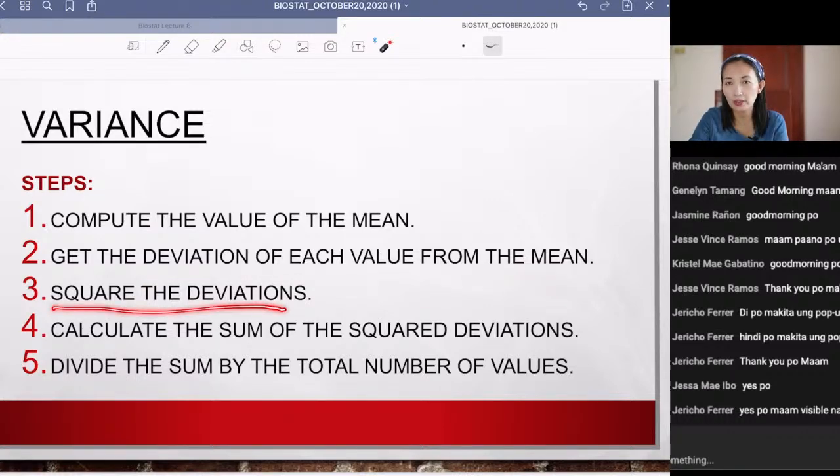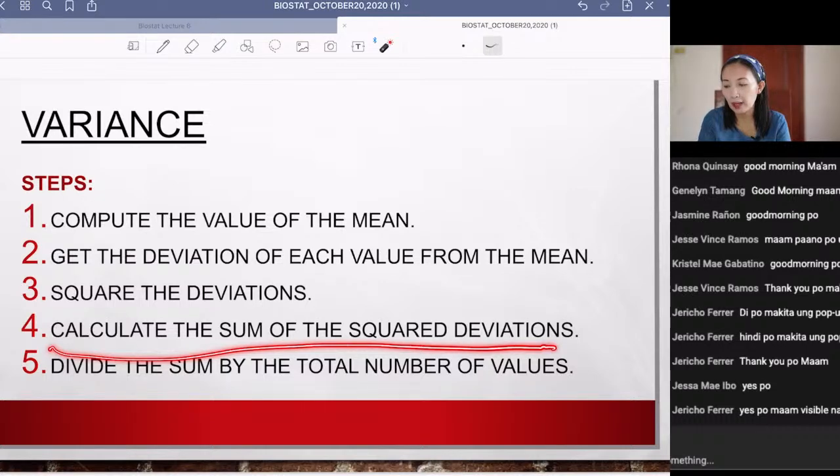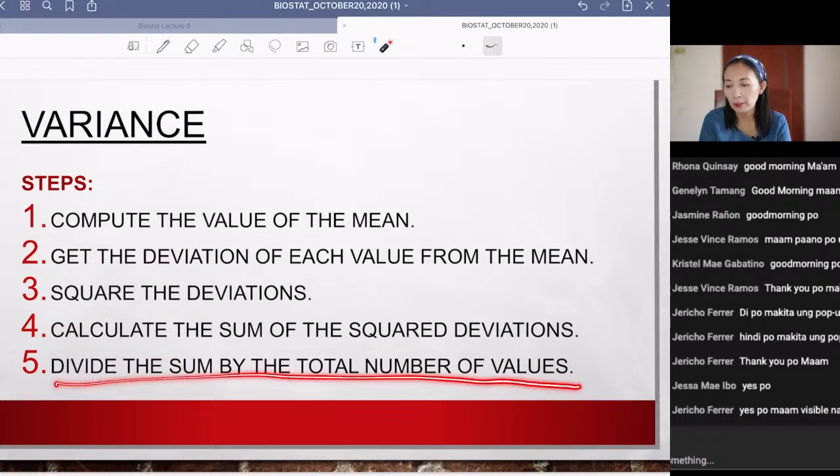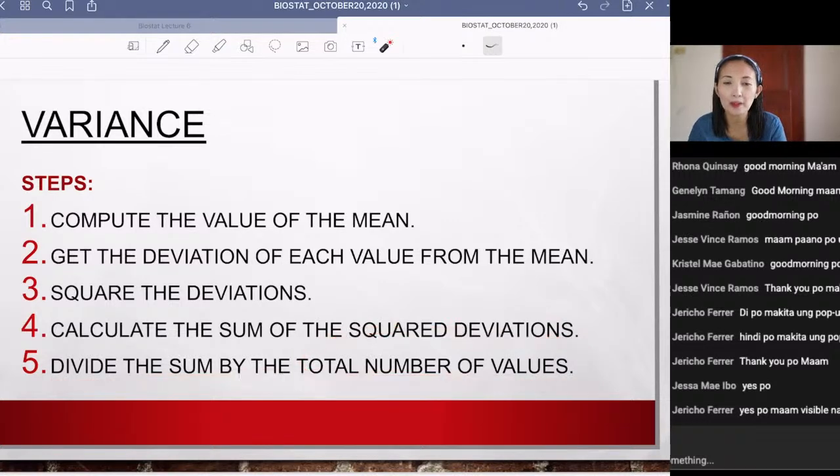That means you will end up with all positive answers, because even if you get a negative and you square that, that will yield a positive result. Then get the sum of the squared deviations and divide it by the total number of values. But this total number of values varies depending upon whether we are dealing with a sample or a population data.